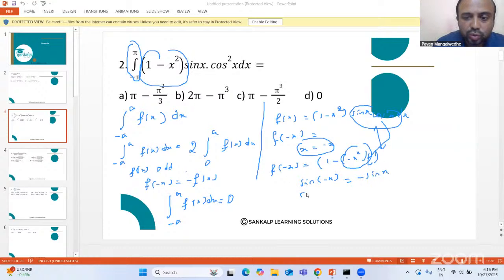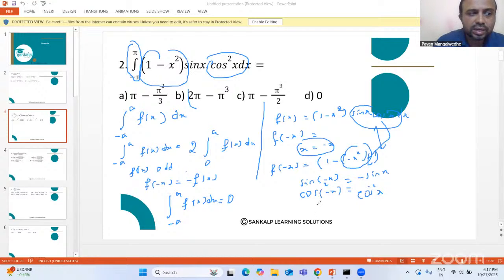But cos square of minus x will not convert to minus cos square x; rather it is cos square x.